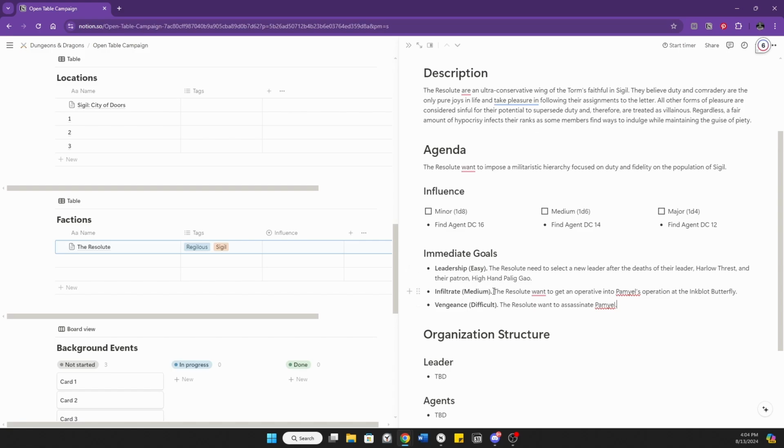So again, I'll talk about that more as we get farther along in this, when we get to the factions actually taking faction actions and pursuing their own goals. But I also like to have a find agent DC, and that means that you may end up with a faction where the characters go looking for them before the faction comes looking for the characters. And so if it's a small faction, they're going to be harder to find somebody who's willing to talk to them.